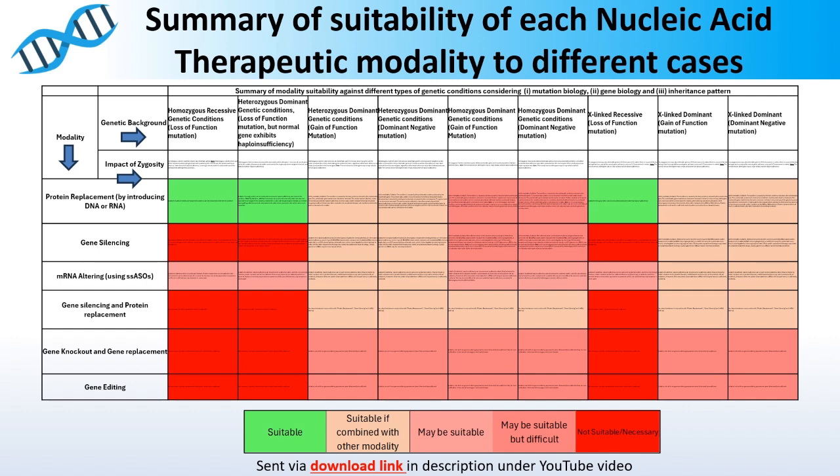For example, recessive, loss of function, gain of function, dominant negative mutations existing in either a heterozygous or homozygous state, also with some considerations regarding haploinsufficiency as well. And just for completeness, I've also added X-linked inheritance patterns here too at the end. And each modality is also color-coded here, just to indicate how suitable it might be in each scenario, and just to make things a little bit easier to digest.